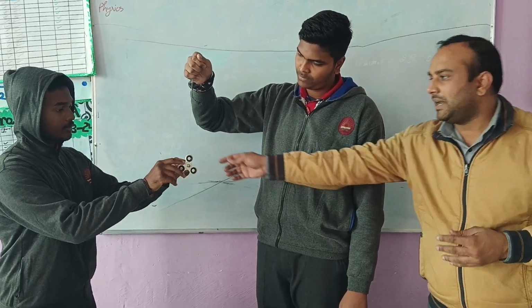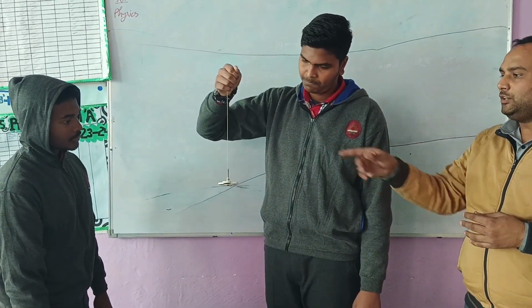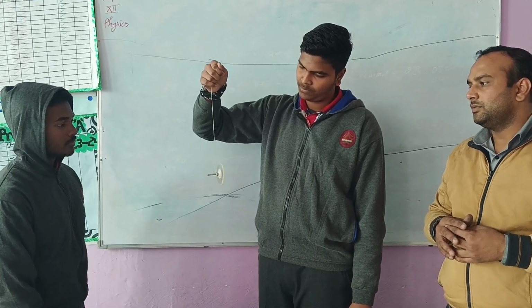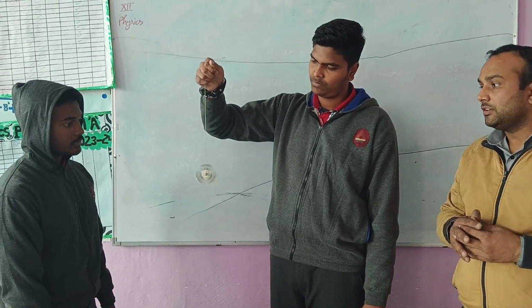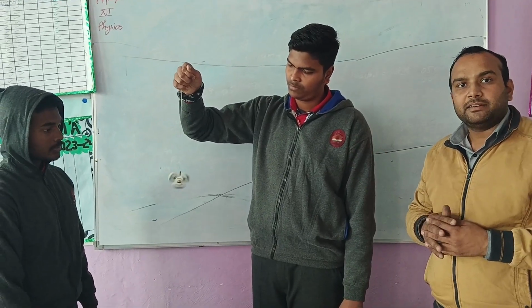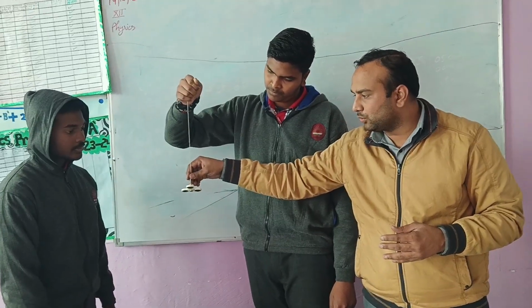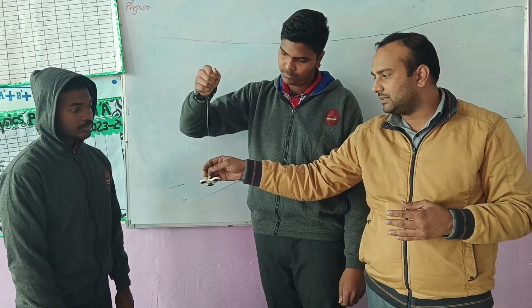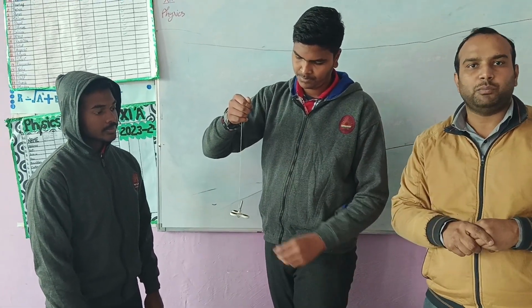When the torque is applied, the spinner is in this shape. Because when torque is applied, what happens? The angular momentum makes it rise. So with this activity, we can easily make the learner understand the torque and the angular momentum.